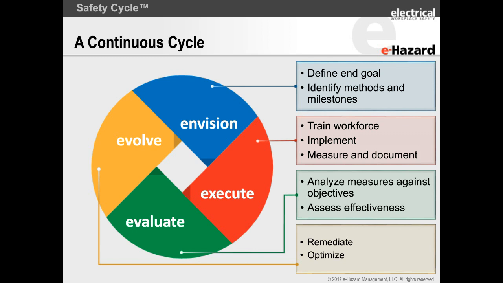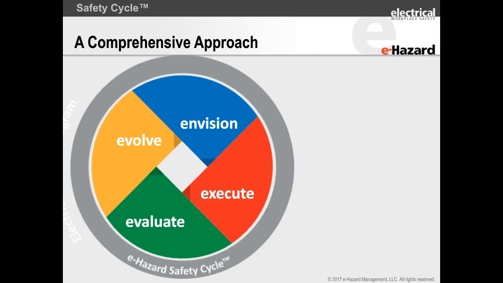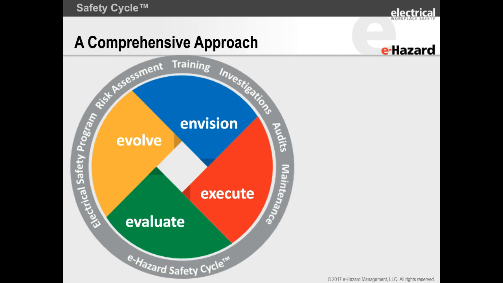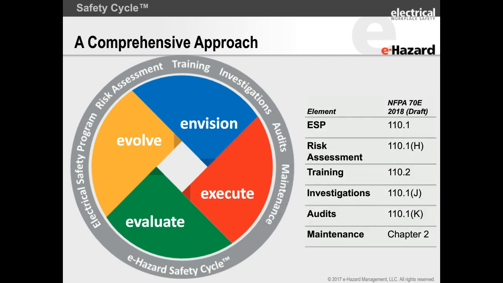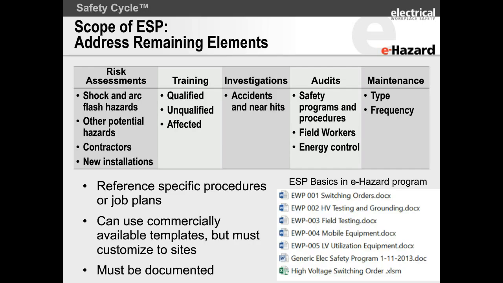We recommend a comprehensive approach for your electrical safety program, your risk analysis, your risk assessment, your training, your investigations, your audits, and your maintenance. Investigations got added to the standard this time. So we're going to talk about how to improve each one of these sections, just roughly, starting with making sure you have a written electrical safety program. A lot of people have PPE that have labels, but they really don't have a good, solid written electrical safety program.